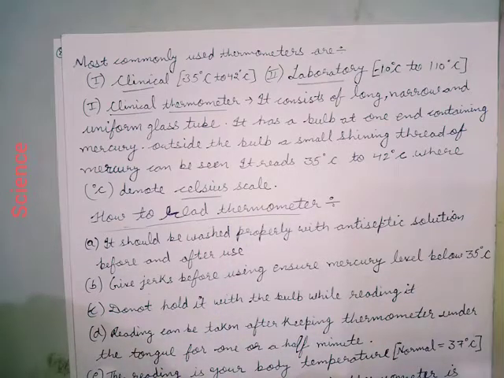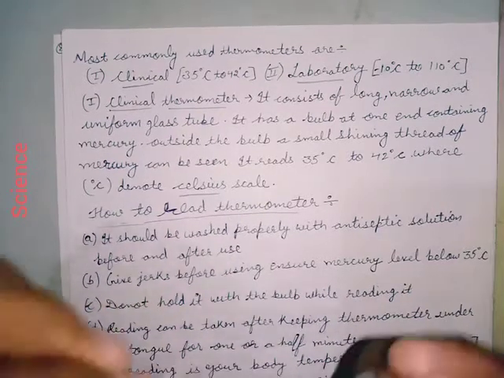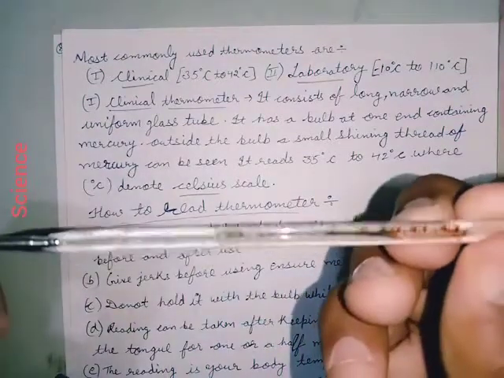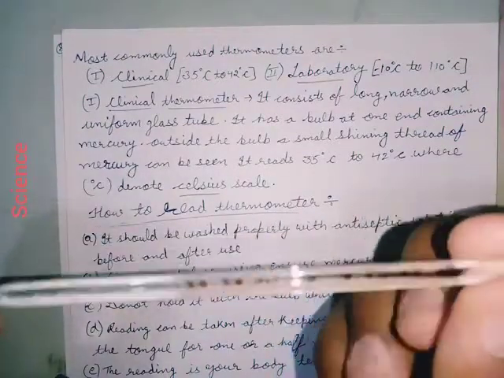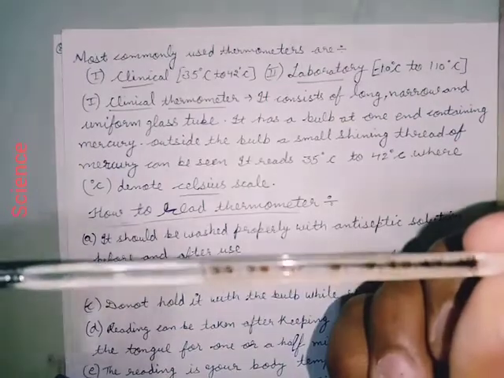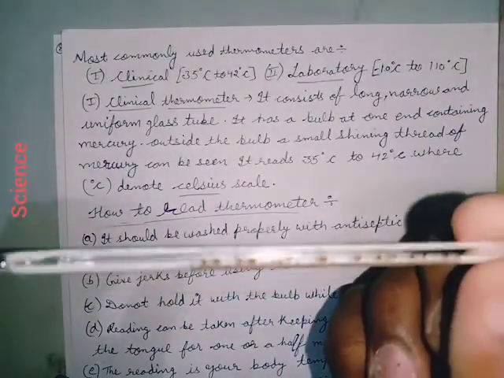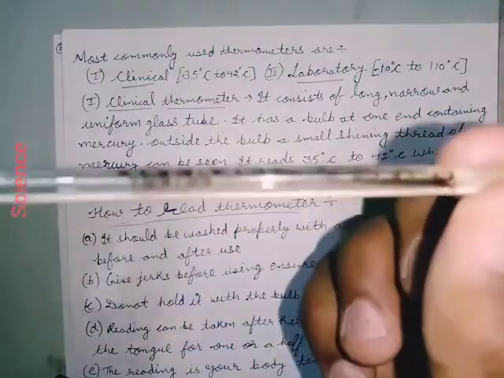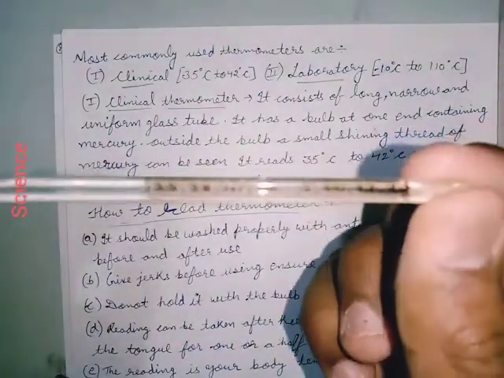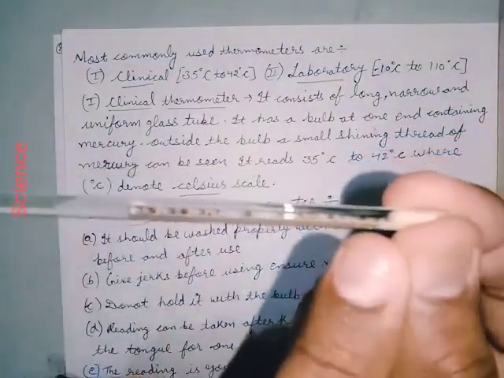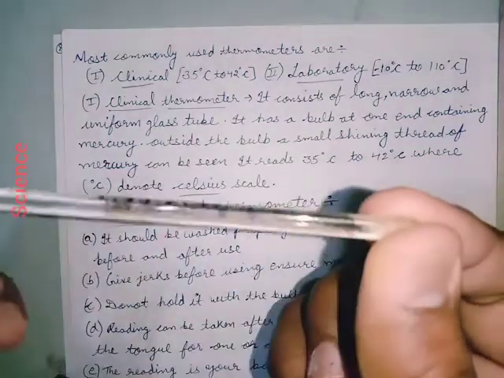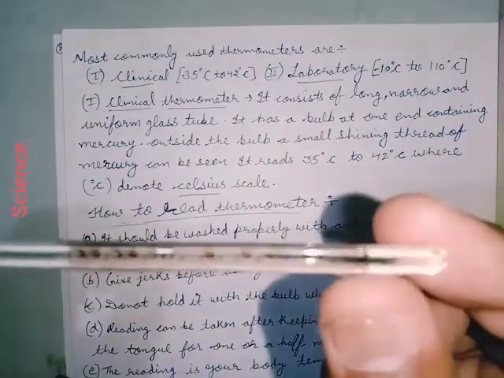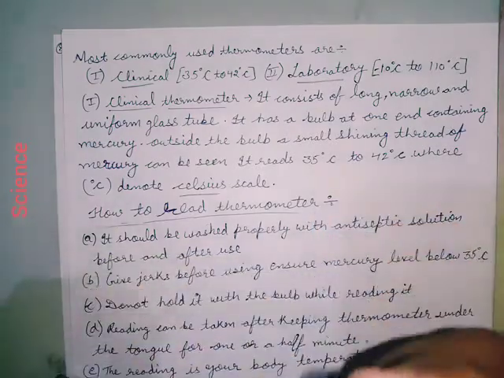After this, moving on to the range, as we studied in the earlier class, there is a range from 35 degrees to 42 degrees, and after this the units are also written.